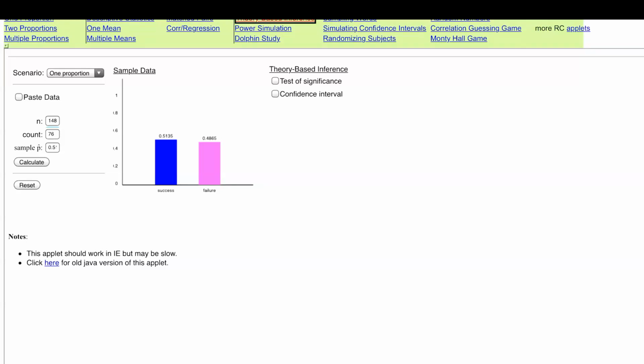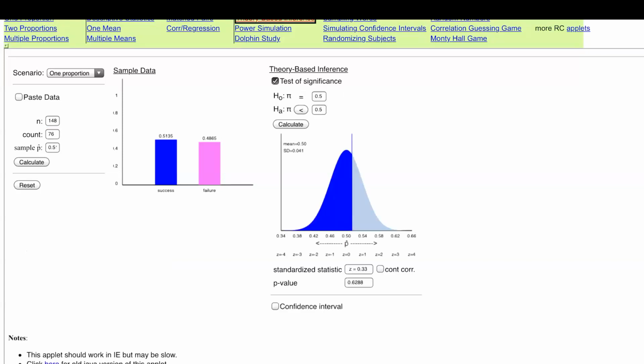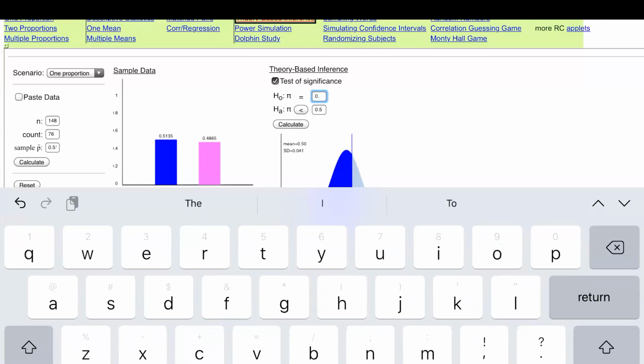So the moral of that story is, if you're given the actual count and not just the p hat value, then I would recommend that you use count in this theory-based inference applet and let the computer calculate the p hat for you. All right, now we're going to do a test of significance.